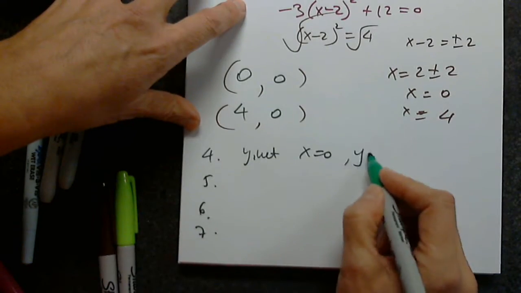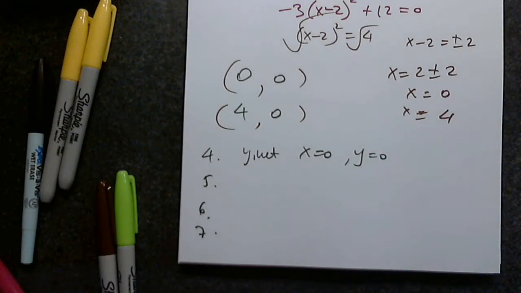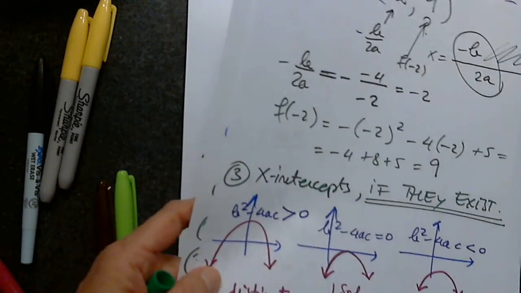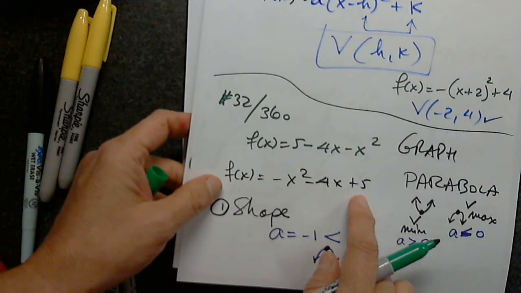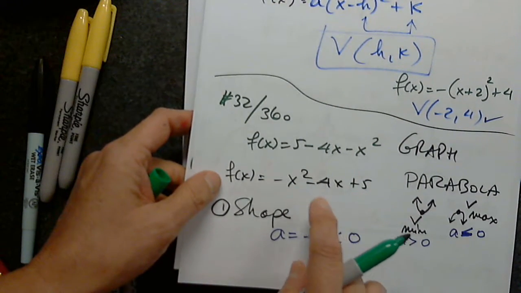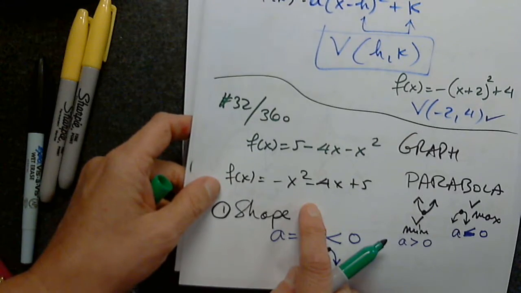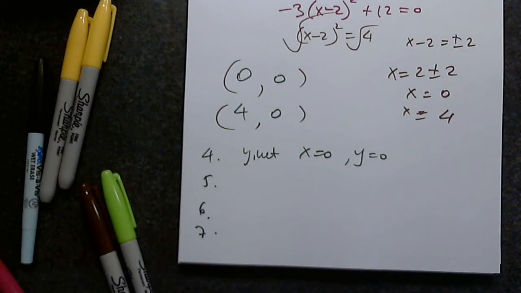So be very careful, because in this form it's slightly more difficult to find the y-intercept. For the previous function, the y-intercept (0, 5) was easy to find, but the vertex needed calculation: we had to find negative b over 2a and so on.